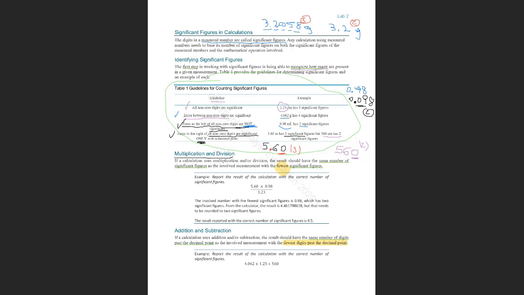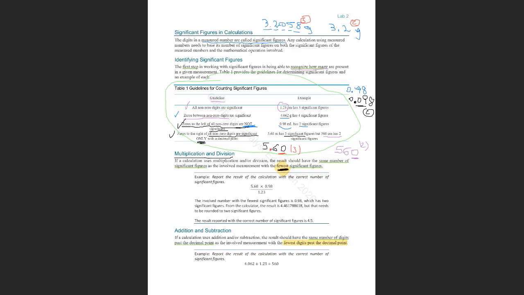So here it says, if a calculation uses multiplication or division, the result, the answer, should have the same number of significant figures as the involved measurement with the fewest sig figs.